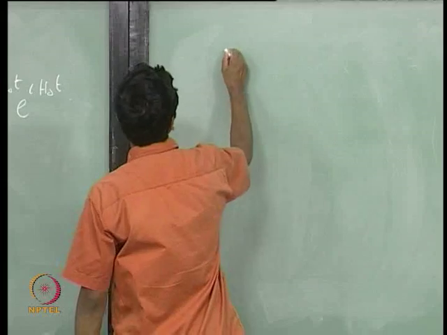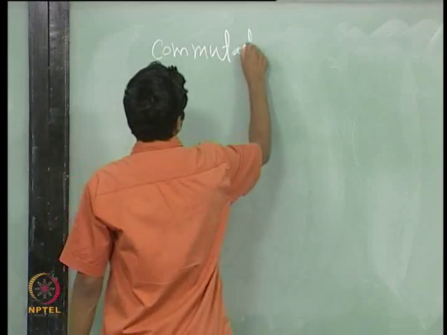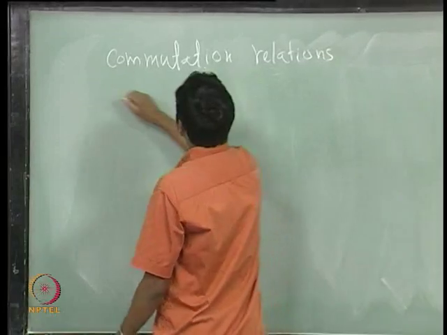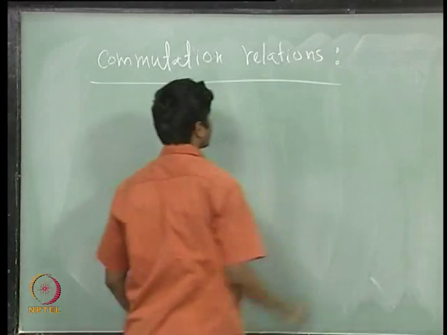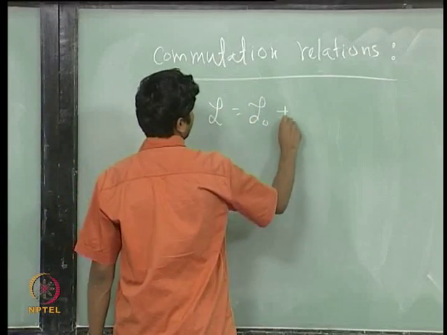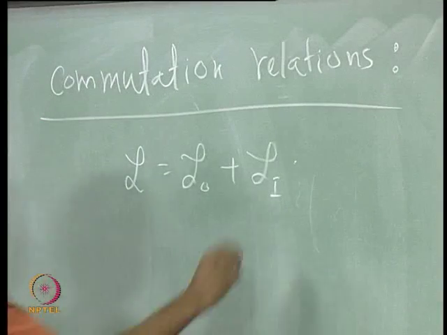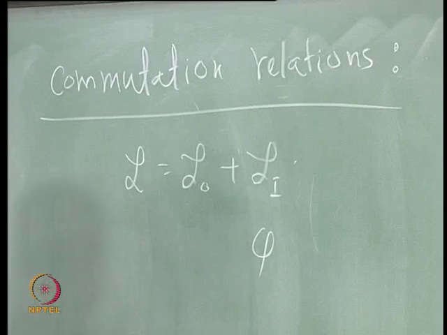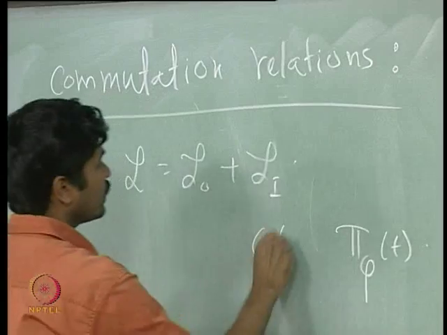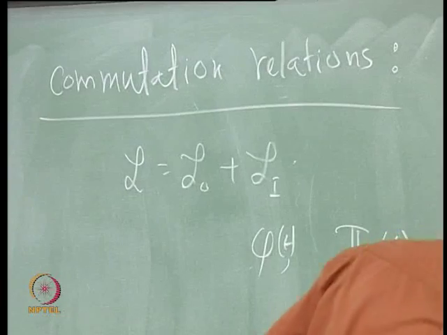So, let us consider the commutation relations. You have the Lagrangian which has a free term and an interacting term. So, let us say you have the field phi. You can ask the question what is the corresponding conjugate momentum to phi of t. Let us first assume that phi of t are all in the Heisenberg picture.